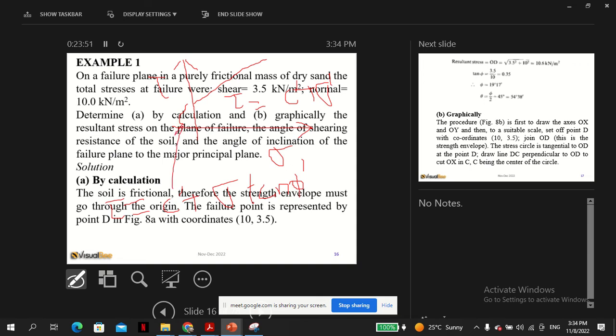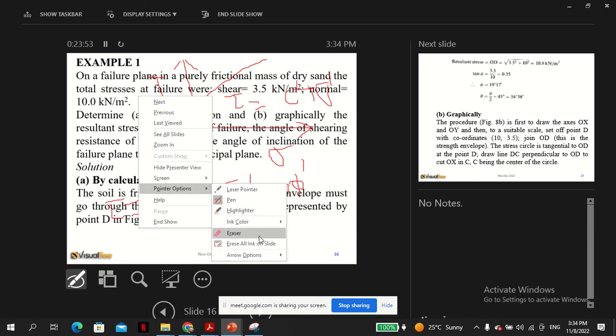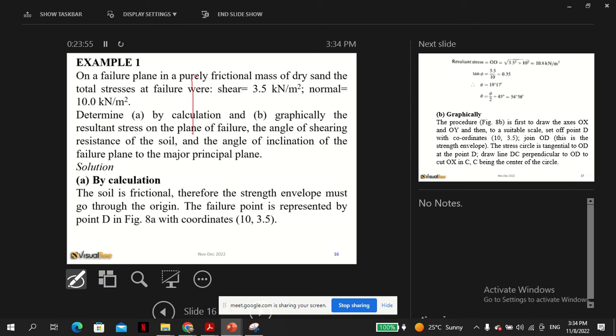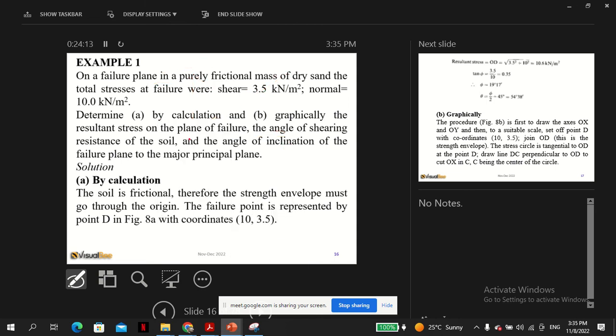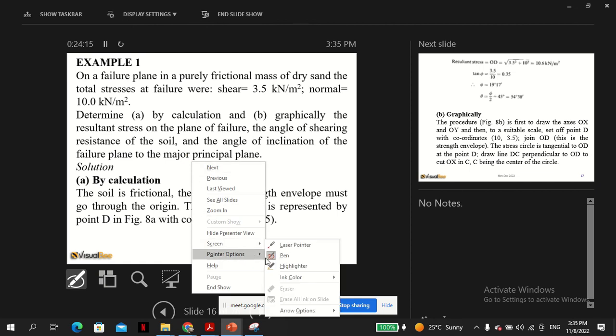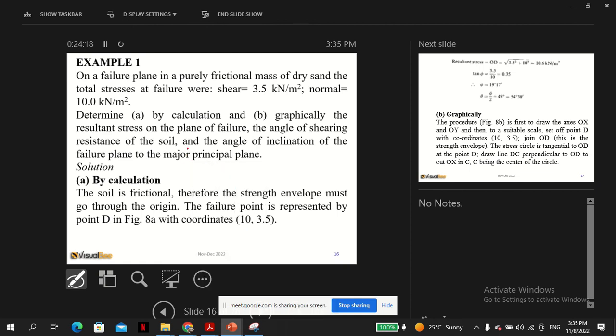However, for pure frictional soil, the curve comes from the origin, so there is no C. In other words, C is 0. So that should be clear. So by calculation, the soil is frictional, therefore the failure point is represented by point D in figure 8.